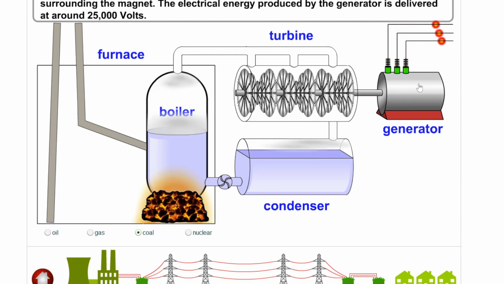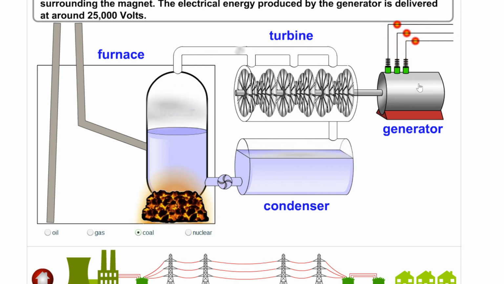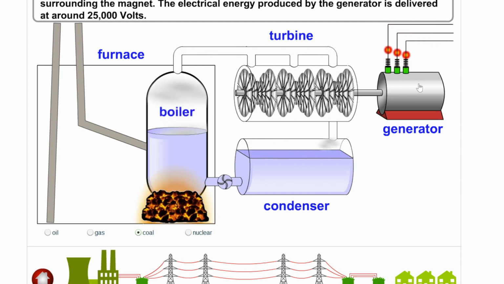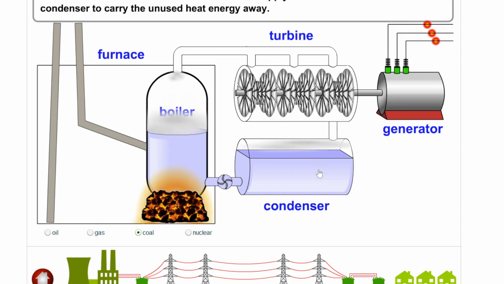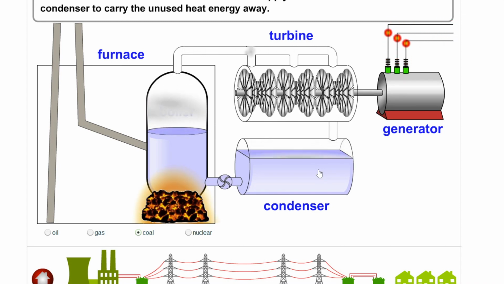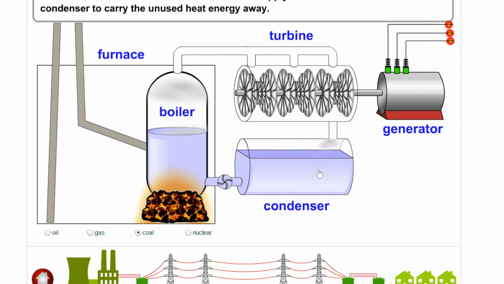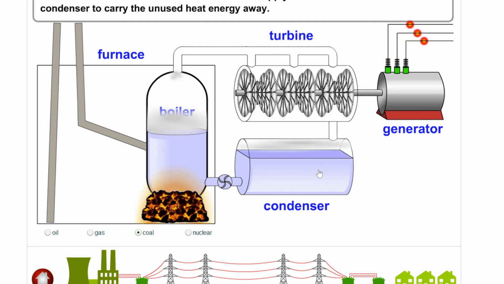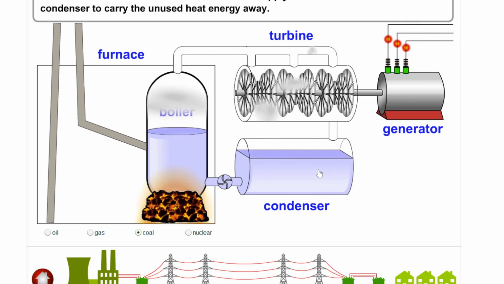The electrical energy produced by the generator is delivered at around 25,000 volts. And finally, the condenser. The condenser, steam from the turbine is condensed back into water, which is returned to the boiler for reuse. A continuous supply of water circulates around the condenser to carry the unused heat away.